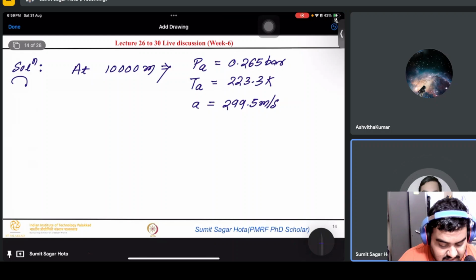They will supply you the values in Kelvin, so such questions can easily be asked. For that you need to know the formula of the stagnation condition.